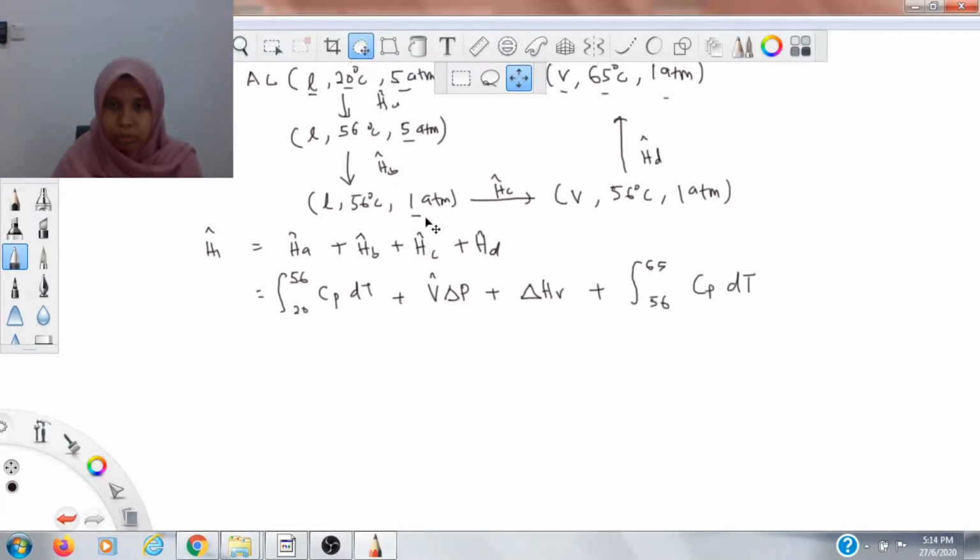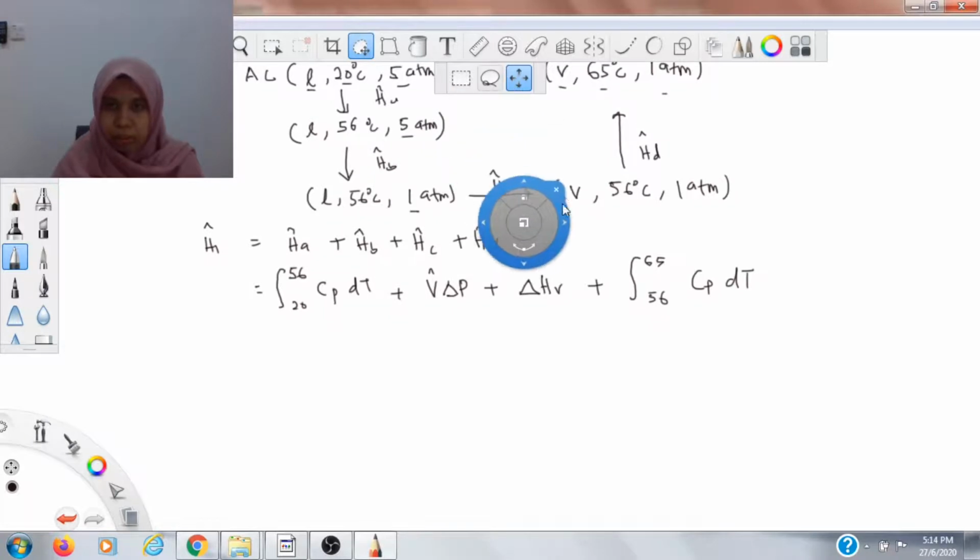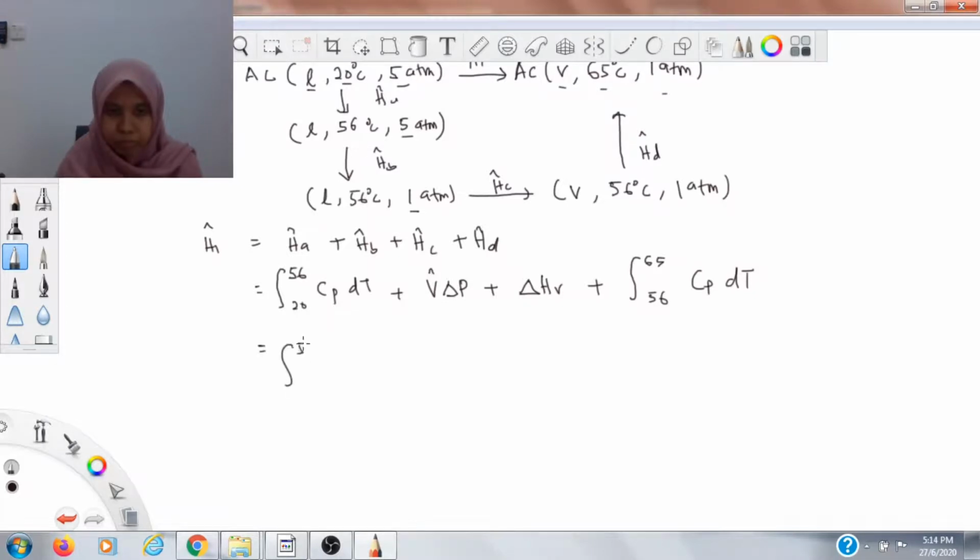Now we have to go slowly to see where we can get this CP. For this one, you have to refer to the CP from table B2. From table B2 you will find acetone, and remember that at this stage the acetone is in the liquid phase.